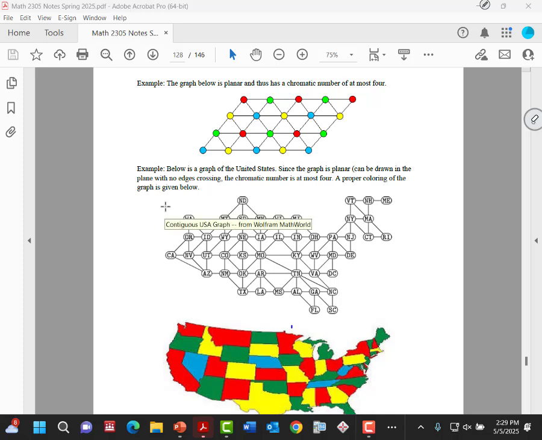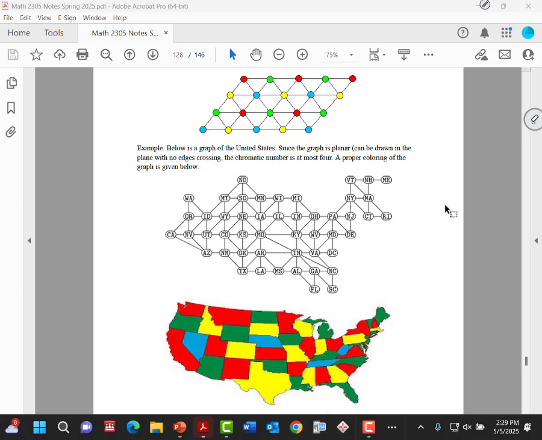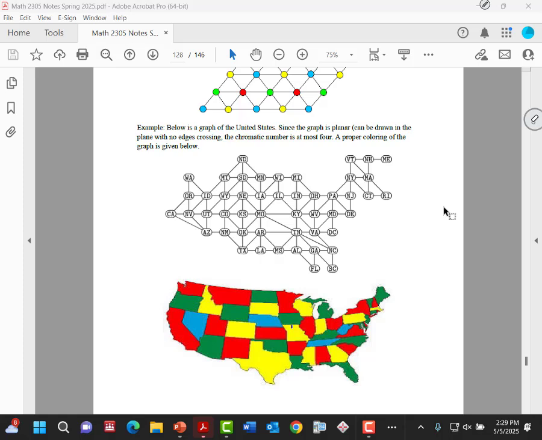Now, below is a graph of the United States. Since the graph is planar, meaning I can draw it in the plane with no edges crossing, the chromatic number is at most 4. So let's quickly, I don't know if it'd be quickly, but let's do a proper coloring of this graph right here.